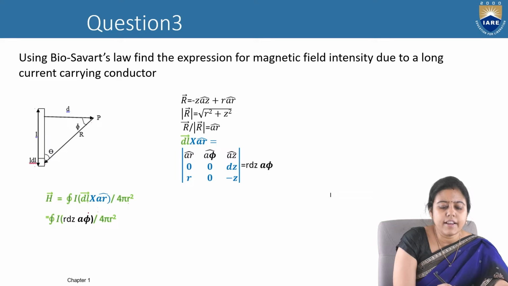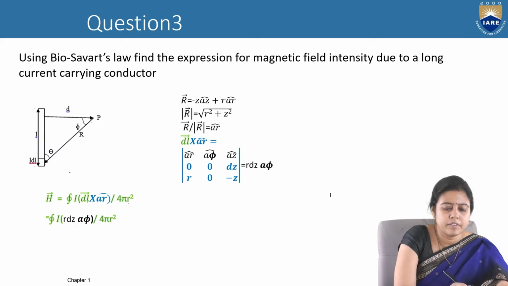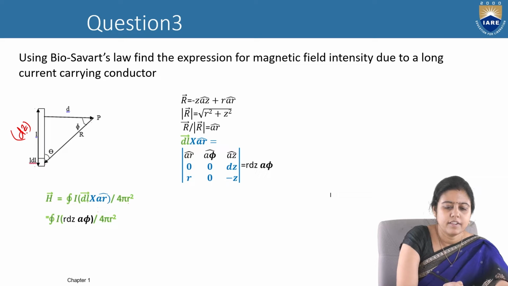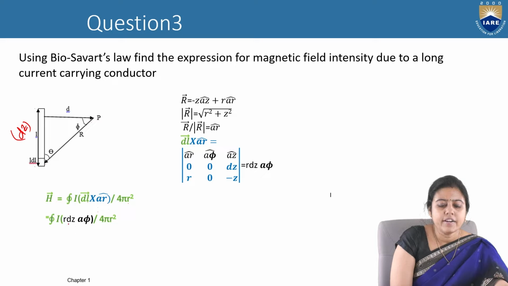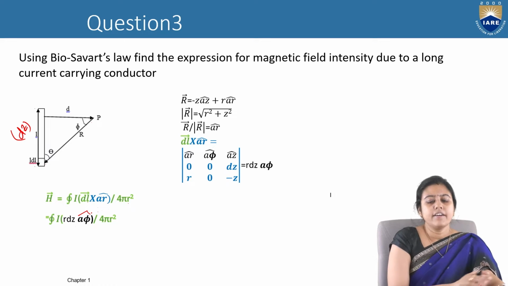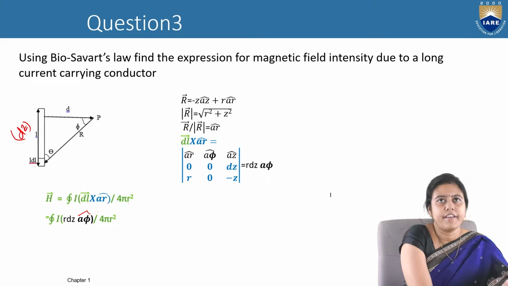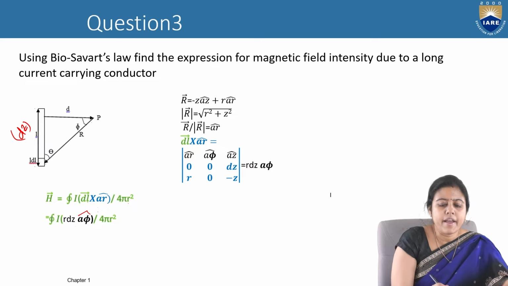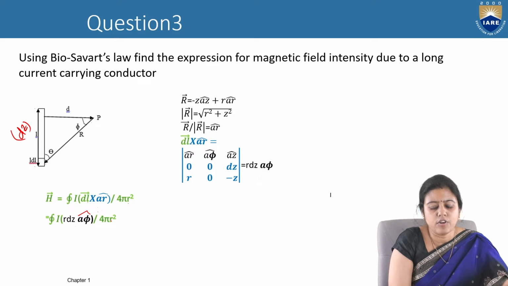We are thinking this is the dz. So this is r dz a phi, by 4 pi R square.